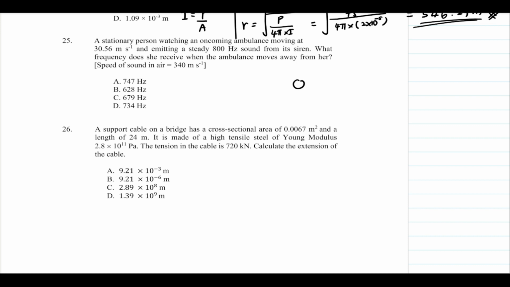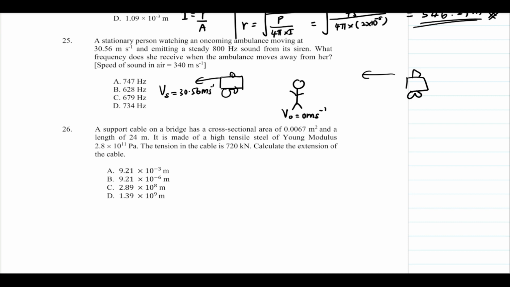So maknanya kita ada seorang observer which is stationary observer. So contohlah ambulance tu datang daripada sini tadi. Okay. So dia move away kat sini, dia move away. So V of the ambulance, of the source, okay, 30.56.